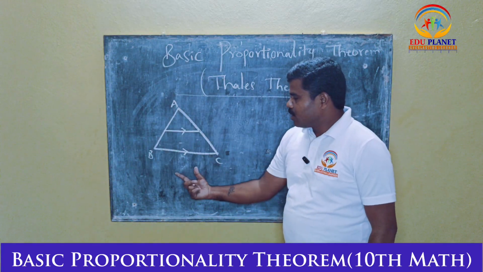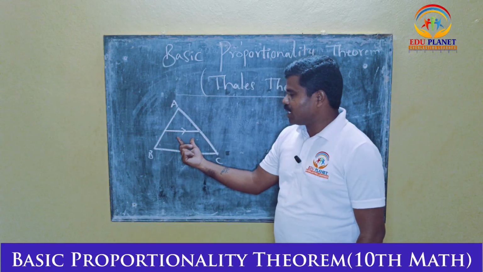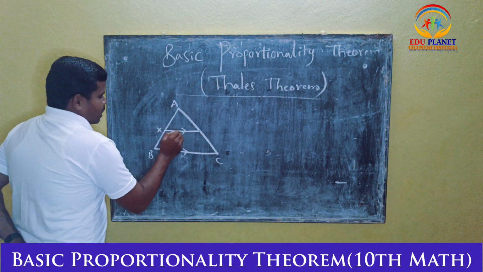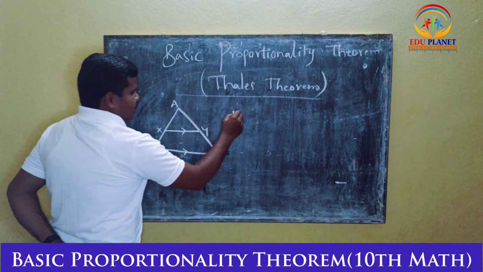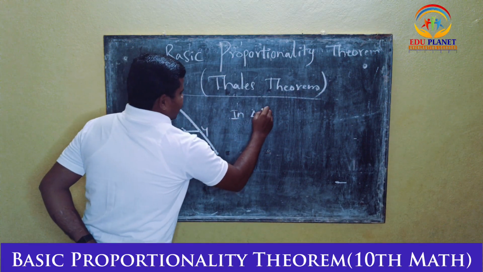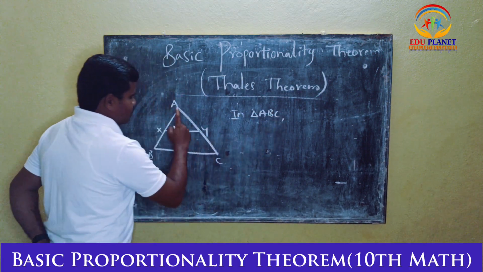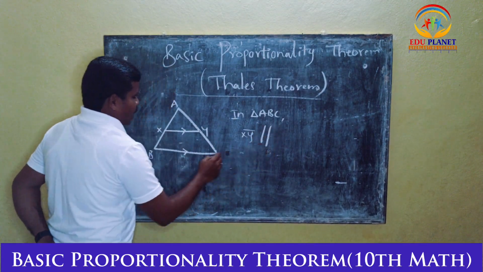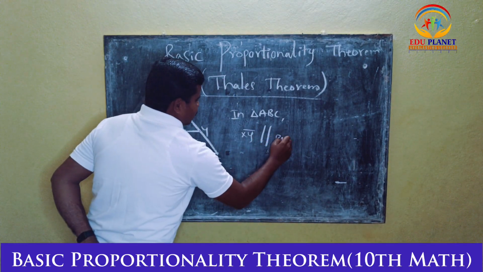See here, to the side BC, I have drawn the parallel line. Let us take that parallel line as XY. So I can say that in triangle ABC, line XY is parallel to side BC.